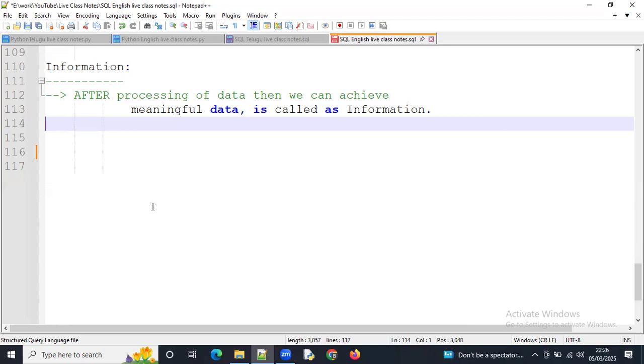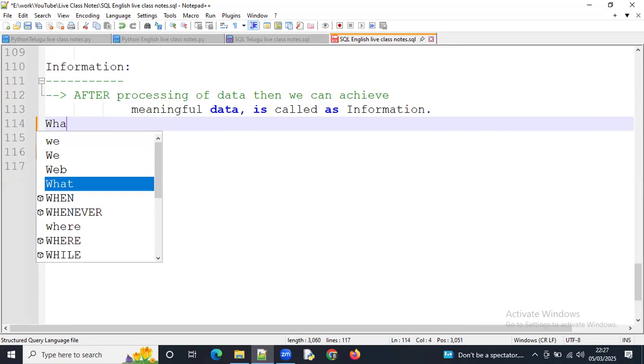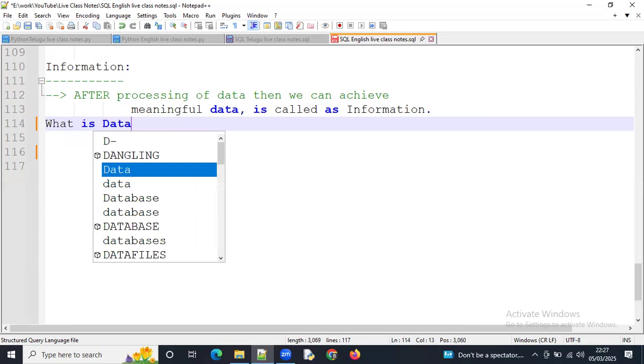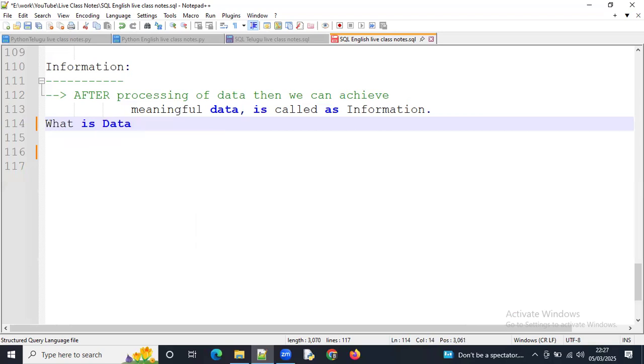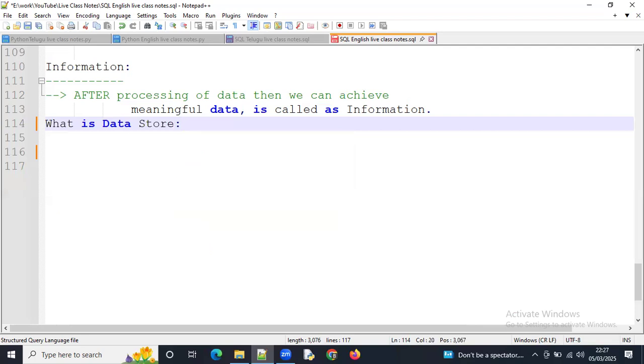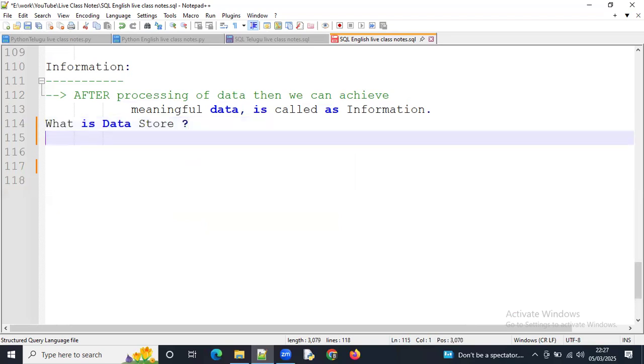Now today's session is about what is a data store. I'm going to write it here.